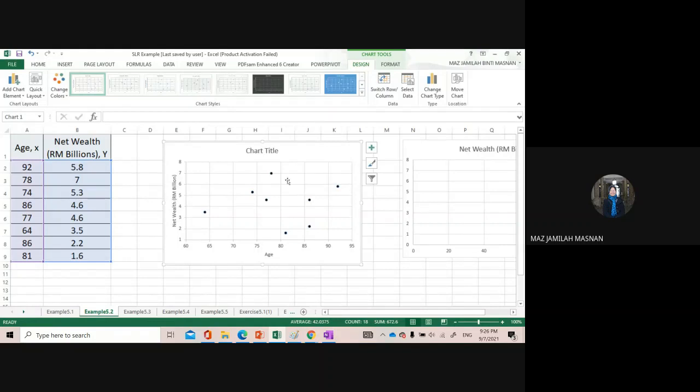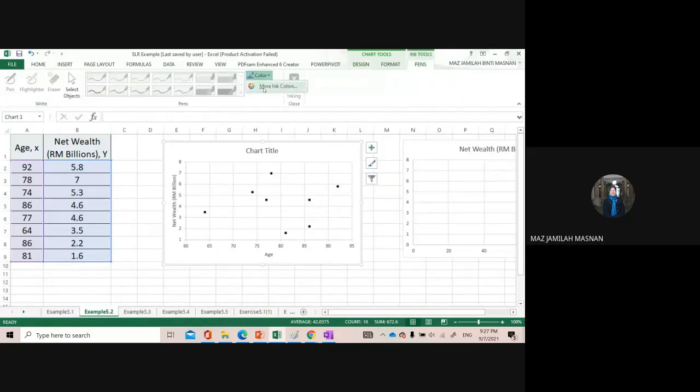When you see this in class, in statistics, your eyes should be very sharp in terms of finding the pattern of your data. Now, if I analyze this particular scatter plot, at first glance I may assume that the line could be this one.